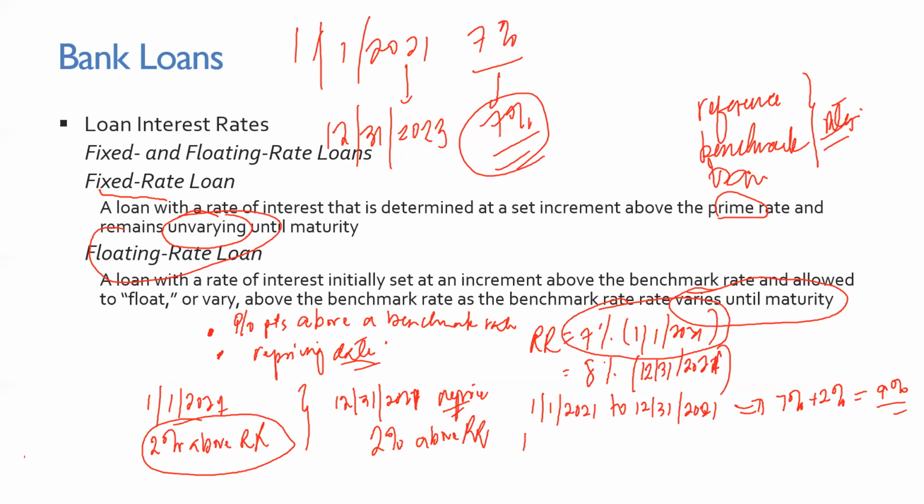Now, come December 31, 2021, until the next December 31, 2022, the new interest rate will be the new reference rate, 8%, plus the margin, which is 2%. So it will be 10%. So that's what a floating interest rate means.